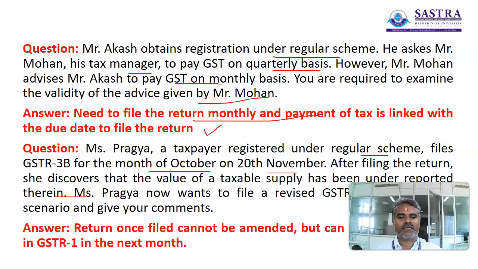Prakya now wants to file a revised GSTR 3B. Return once filed cannot be amended, but can amend the details in GSTR 1 in the next return. So, once you file the GSTR 3B, it cannot be changed, but again you have to file GSTR 1, I mean monthly return you have to file. Okay. Separately.